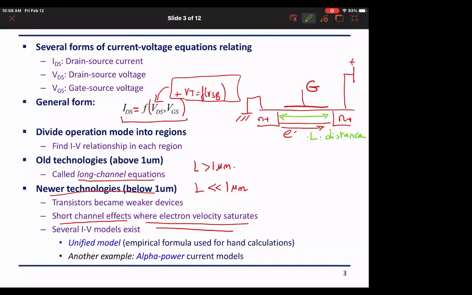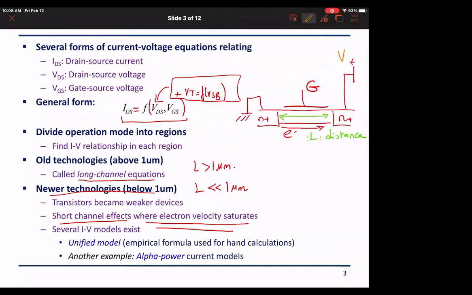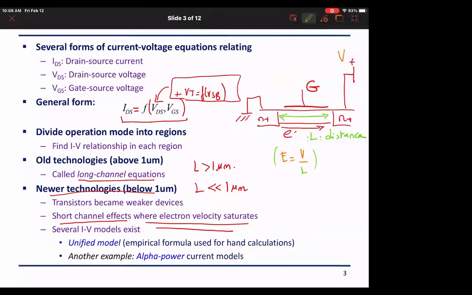And the electric field, if I'm applying a voltage V here, is really V over L. And the velocity of the electron is equal to mu times E, so it's proportional to the electric field.